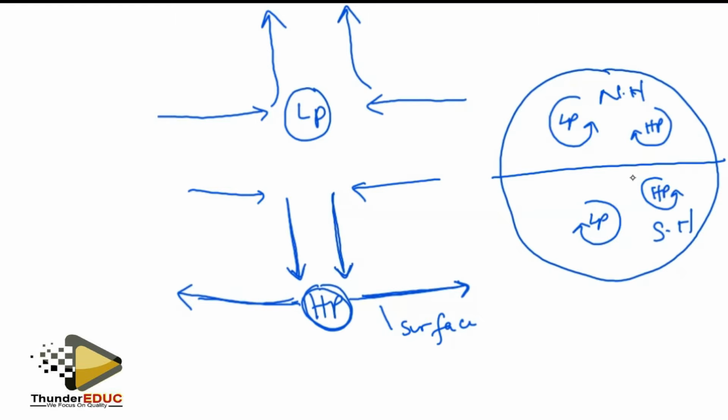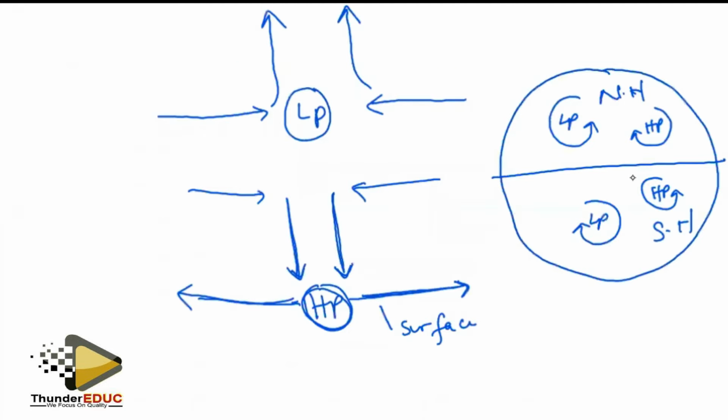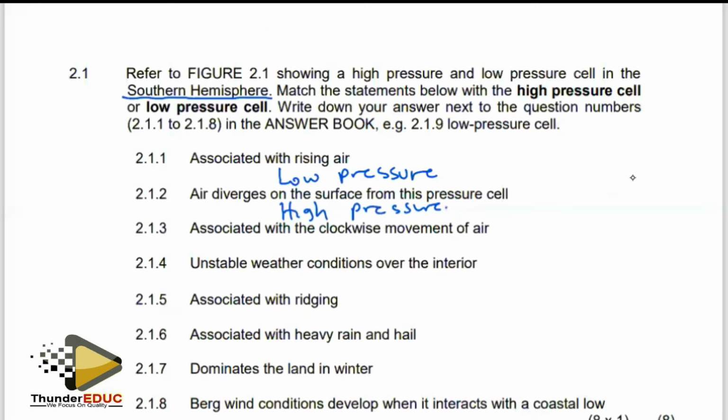But our question is saying associated with clockwise movement of air in the southern hemisphere, which is this one here. This clockwise movement in the southern hemisphere is typical of a low pressure cell.